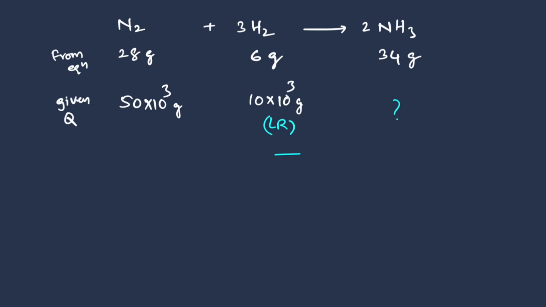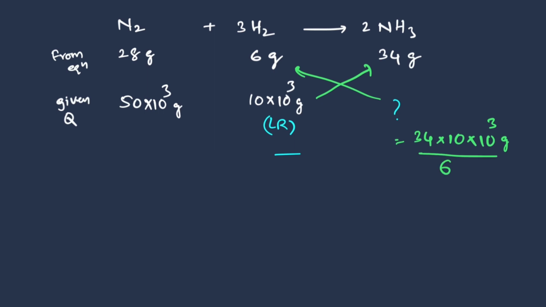Now the limiting reagent only decides the product, therefore we have to cross multiply. Then how much product forms? Then 34 into 10 into 10 power 3 grams divided by 6.